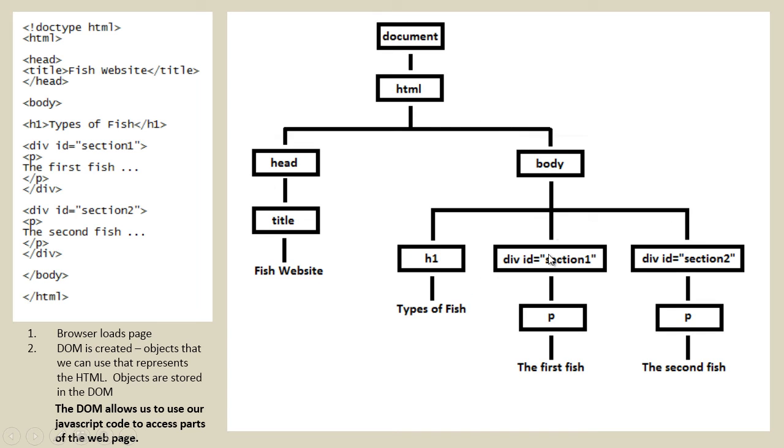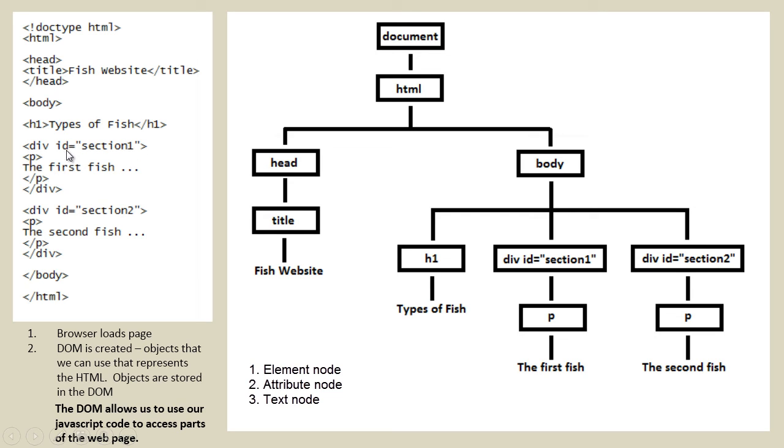There are actually 12 types of nodes, but the good news is we only need to know about 3 of those. The first is the element node, and we've been talking about those. Actually, nodes are a type of object. It's just a little bit more specific. The second is the attribute, and that's this ID attribute that we have right here.